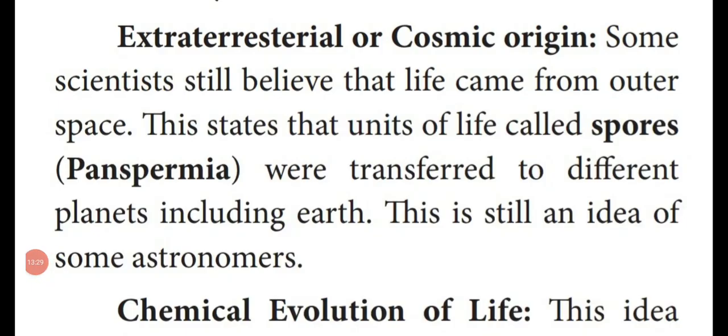Next theory is extraterrestrial or cosmic origin. According to this theory, life is originated from outer space. That means life came from outer space. The unit of life, according to this theory, is known as spores or panspermia. This is important, one more question.